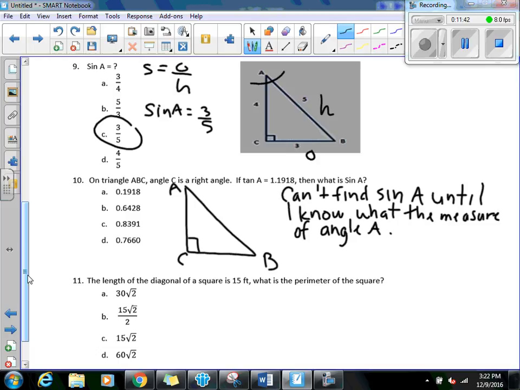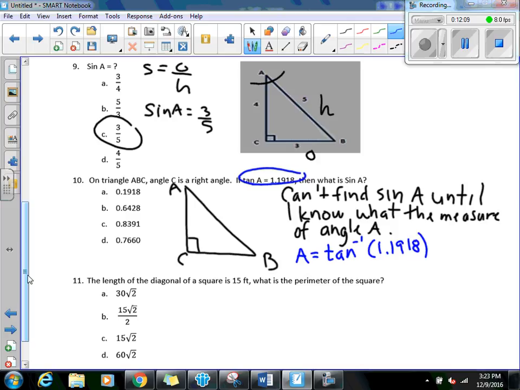So when I'm looking for the measure of an angle, I'm going to use an inverse function. The tangent of A equals 1.1918. So that means that the measure of angle A is equal to the inverse of the tangent of 1.1918.